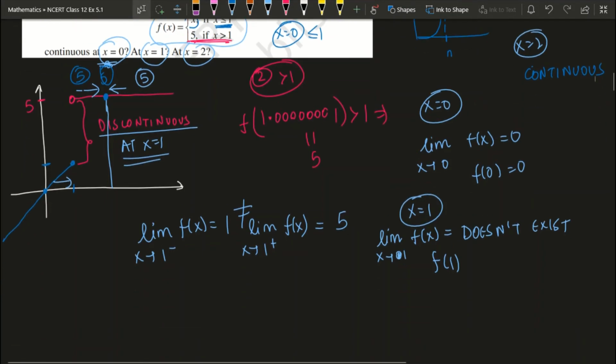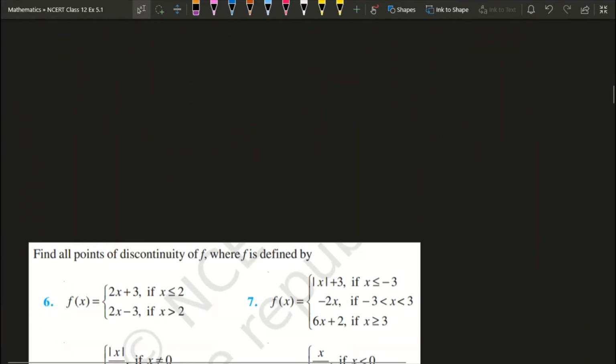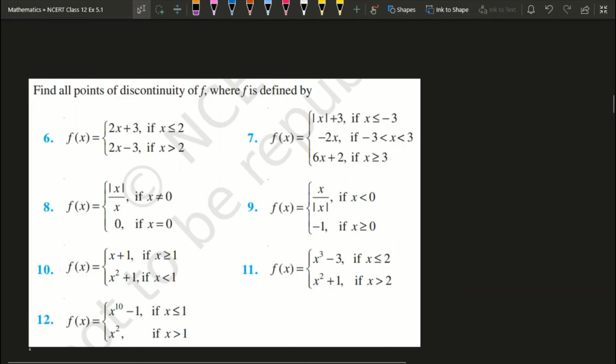Let's continue talking about limits. Find all points of discontinuity of f where f is defined by the following functions. So let's take one of these functions, and the rest you can do as an exercise.